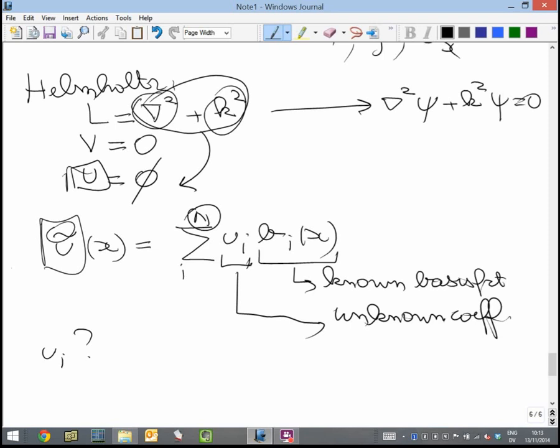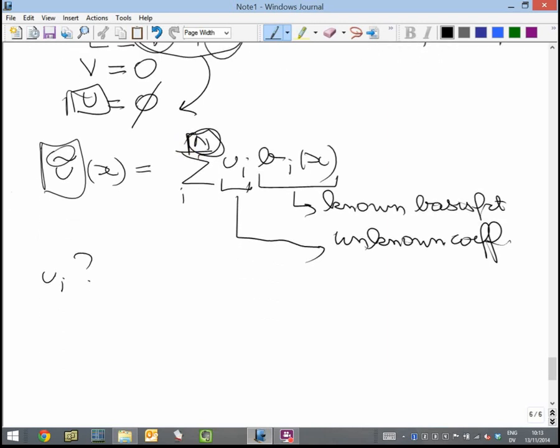You would like them to be equal. Of course, in practice, you will not be able to make them equal because you have only a finite number of basis functions. But in general, you would like the difference between U tilde and the correct solution, which I will call U correct, to be as small as possible, right?